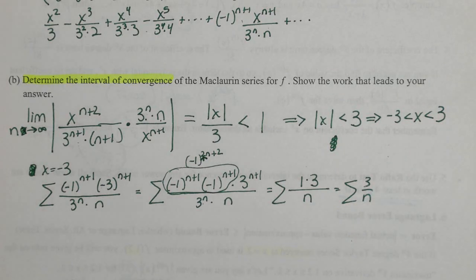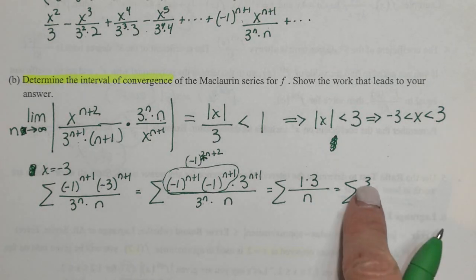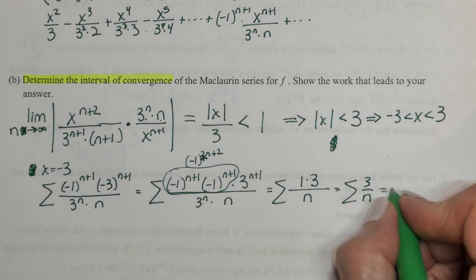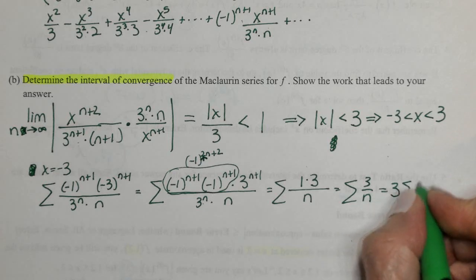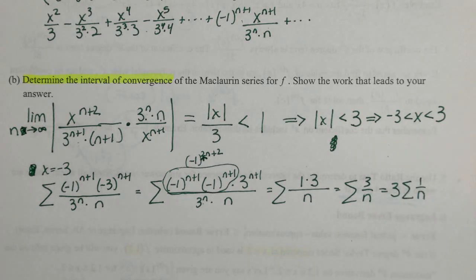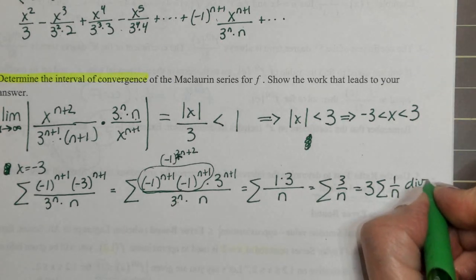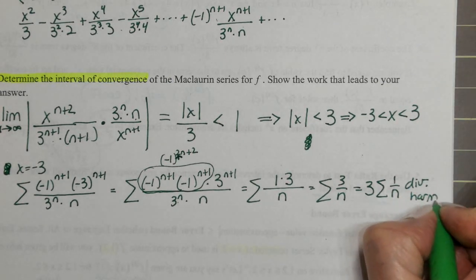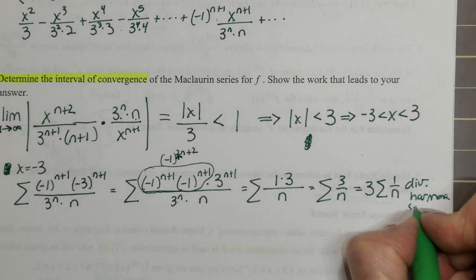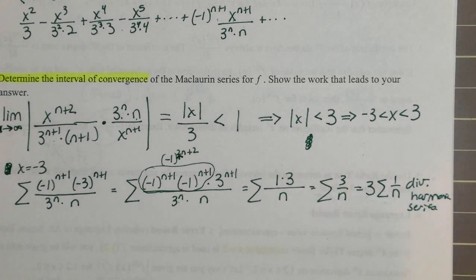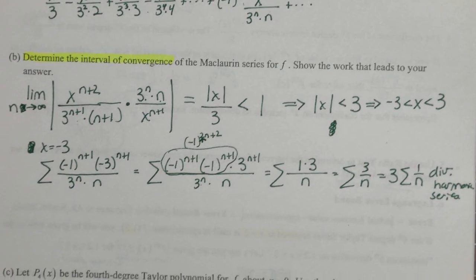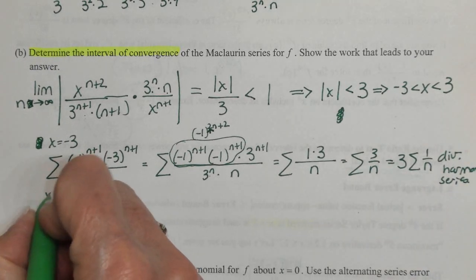This is not a harmonic series because of the 3, but I can easily take the 3 out and make it the harmonic series. So this is the diverging harmonic series. Little work to get there.